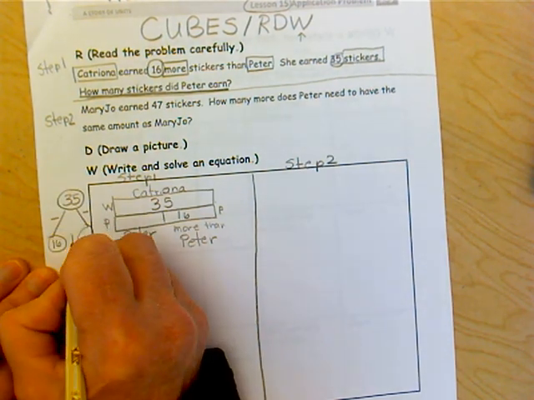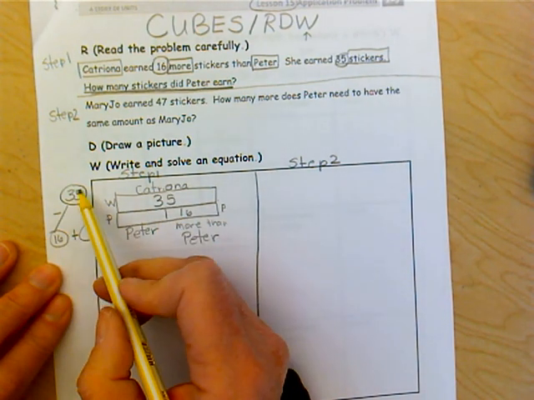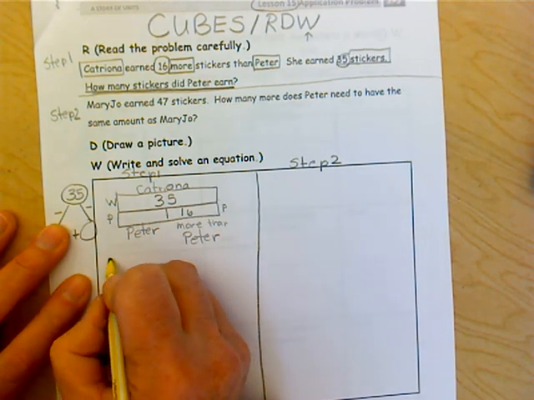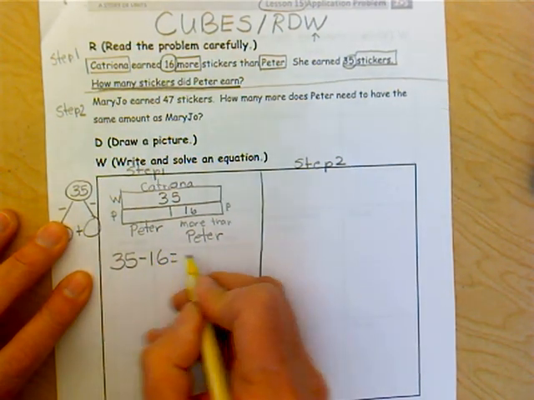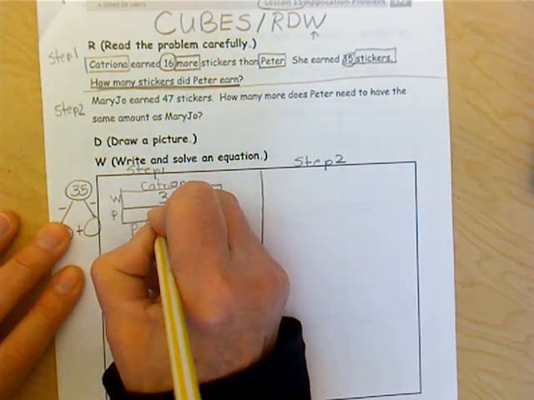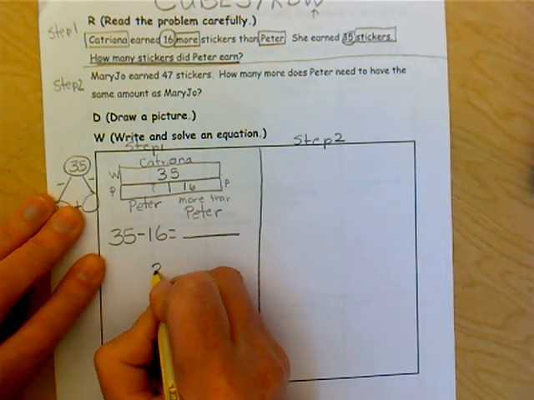Alrighty, so I can see quite easily that if I take 35 take away 16, I will find my missing part. So 35 take away 16 will equal my unknown or my missing part. That's the big question mark right now. I can handle that. That's not too hard.